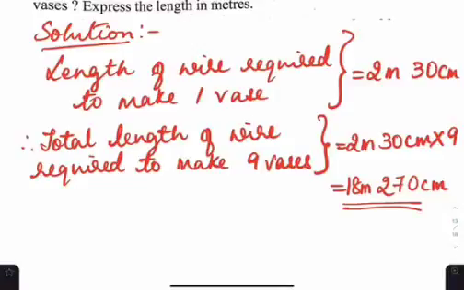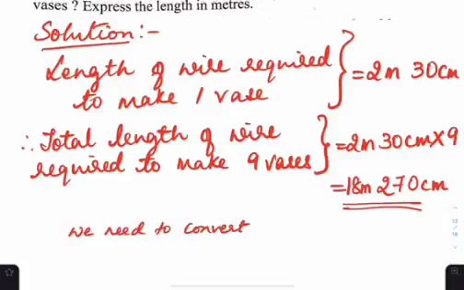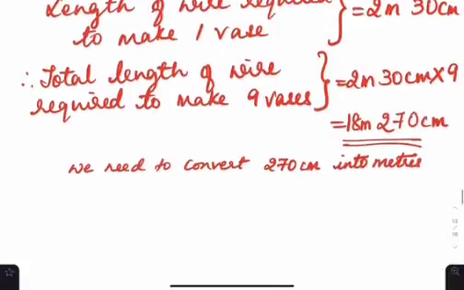Now there's one trick here which the question mentions very clearly, that the length has to be mentioned in meters. So we need to have a conversion here. Here we need to convert 270 centimeters into meters because others are in meters only, correct? Now how do we do that?